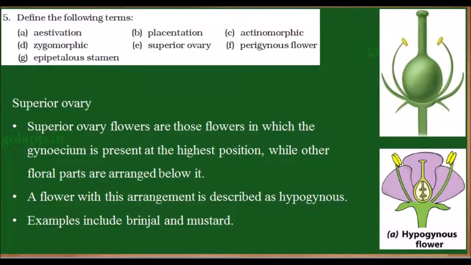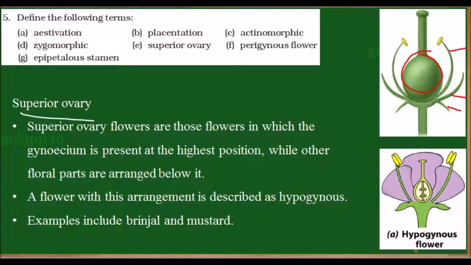The next one is superior ovary. The term superior ovary refers to the position of the ovary in the flower. Here we can observe this is the ovary, that is, the whole thing is gynoecium. This is androecium, petals and sepals. Here the ovary has taken the topmost position and other whorls like androecium, petals and sepals are arranged below it.